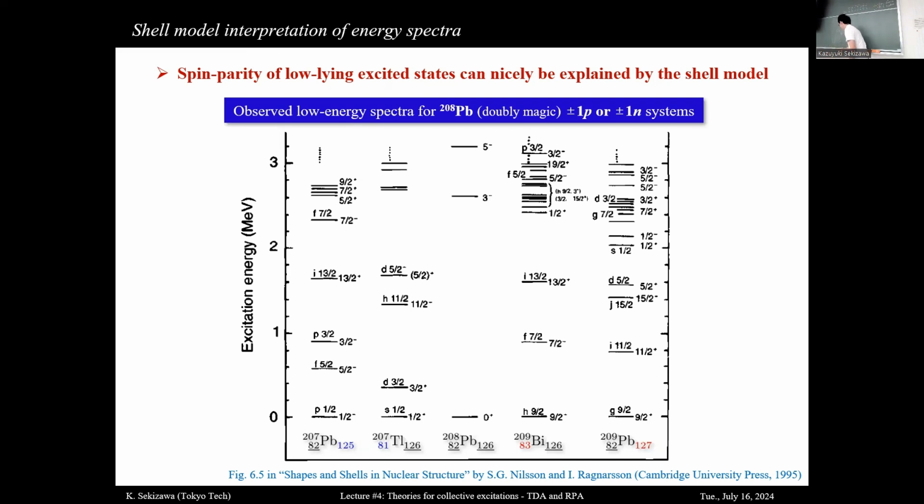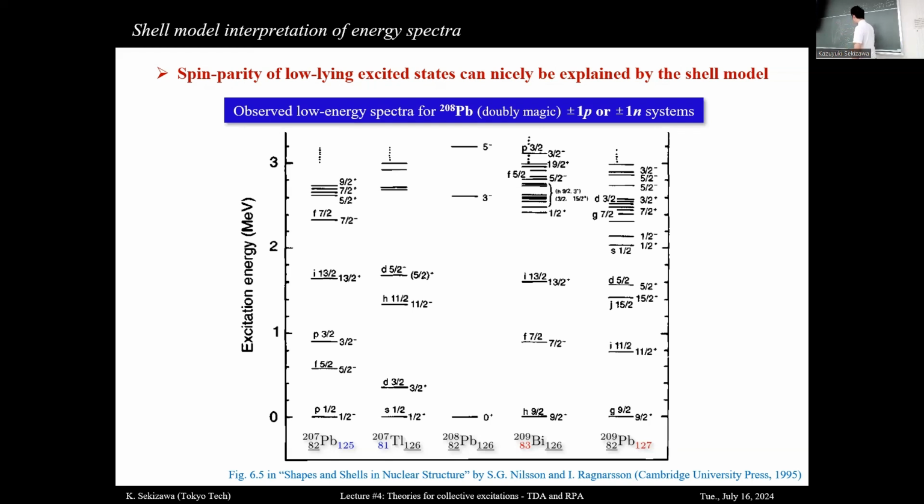So now, I should write the number here. Up to the g9/2 orbital, we have 50 nucleons. On top of that, we have these positive energy, positive parity shells.